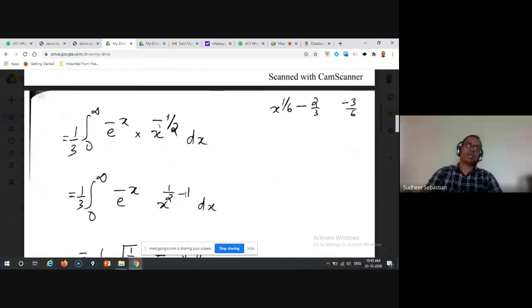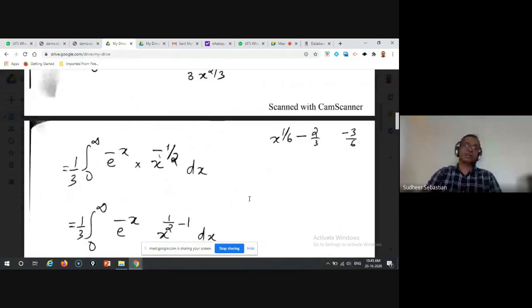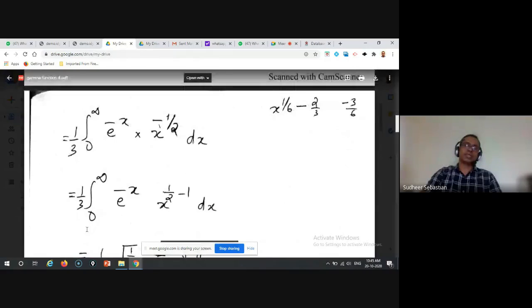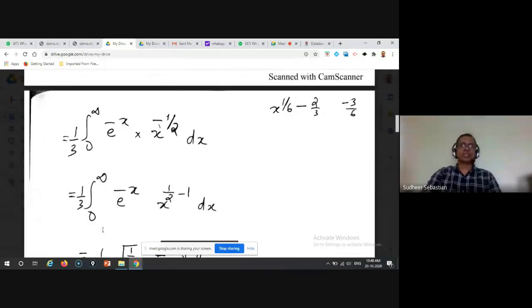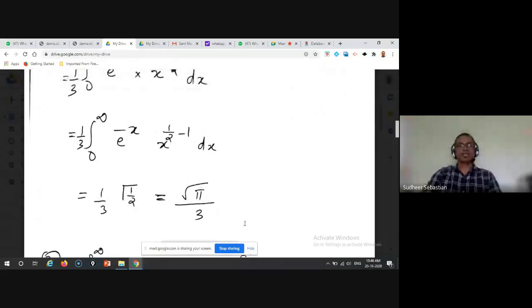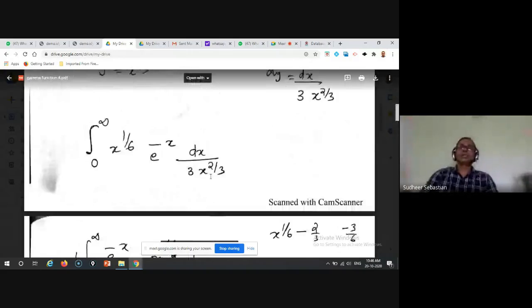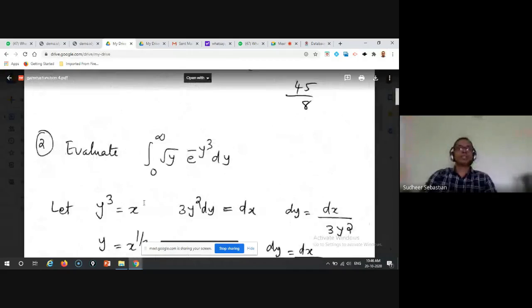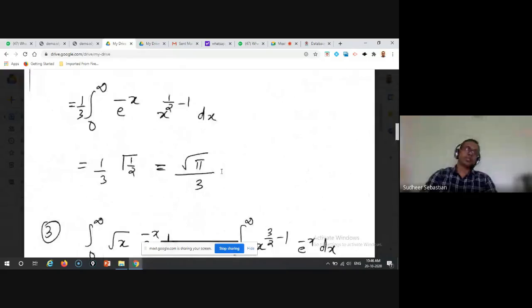So what will be this integral, exponential minus x, x to the power half minus 1 dx? This is gamma half. So 1 by 3 gamma half, which is root pi by 3. Making the change y cube equal to x, I am changing this into the form of the gamma function definition, and I get root pi by 3.